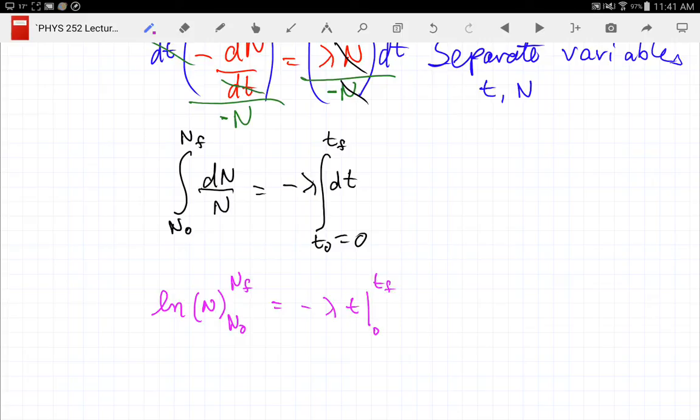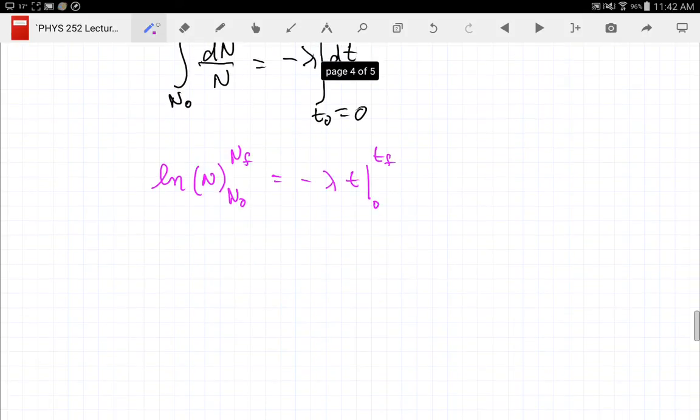Okay, so there I put my limits, just so we can remember, we have to explicitly do the limits here. And so putting in the limits, natural log of n final over n initial.